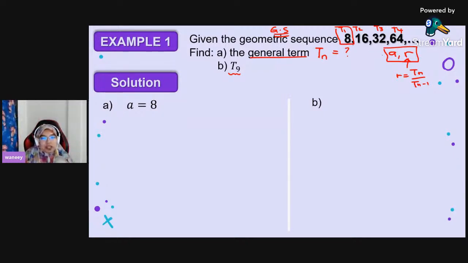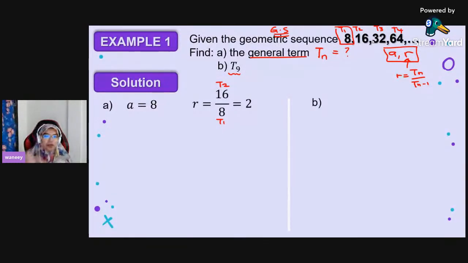So I choose T2 over T1. 16 is T2, 8 is T1, so T2 over T1 will give me a common ratio of 2. Of course you can try T3 over T2 as well, or T4 over T3. That will give you the same answer, which is 2.